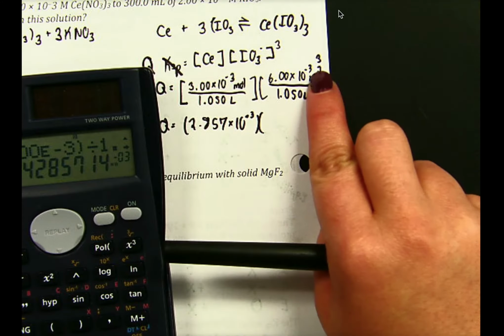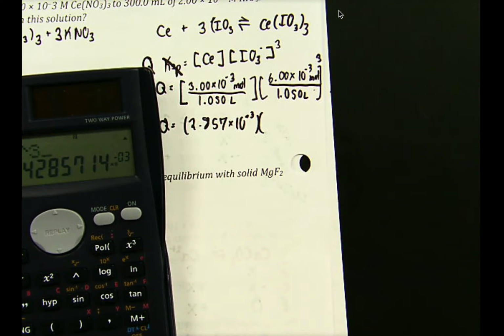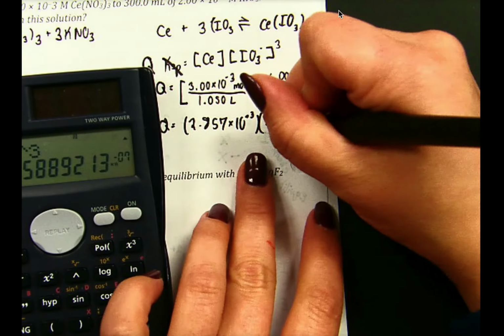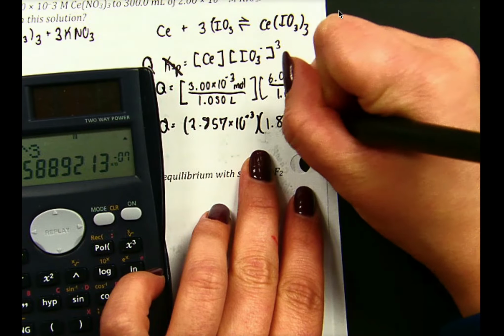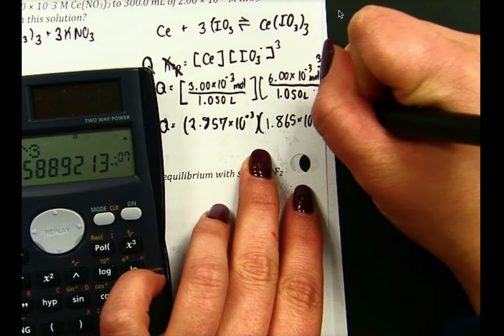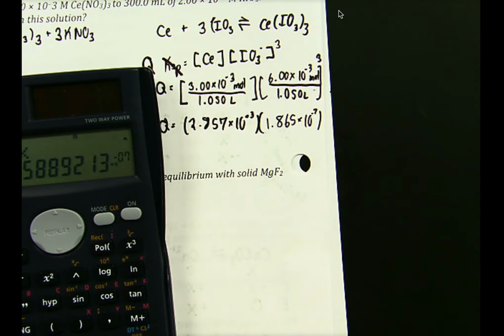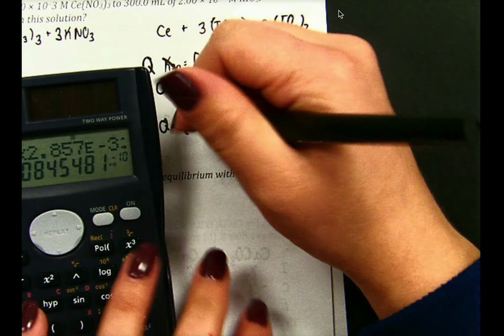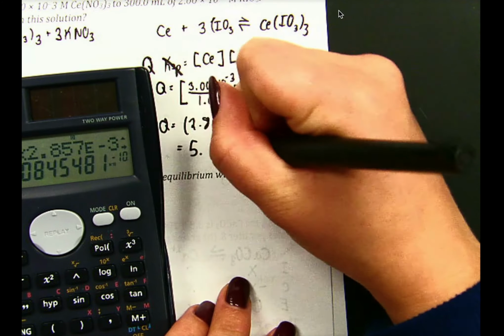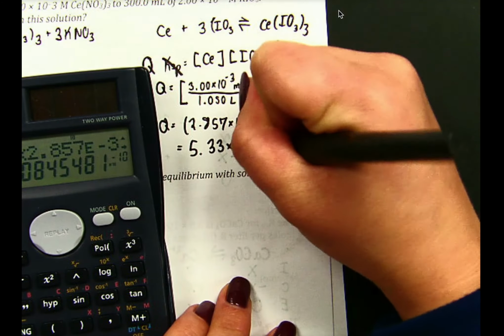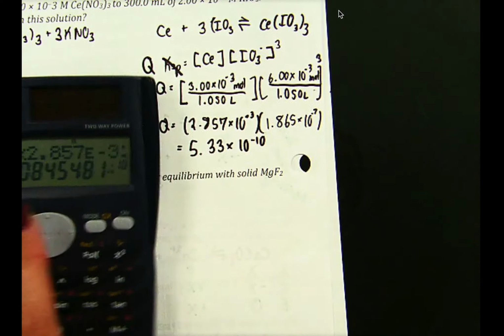Okay, and that's raised to the third power. So to the third power, 1.865 times 10 to the negative 7. Okay, multiply it by this value, 2.857 times 10 to the minus 3. We get a Q of 5.33 times 10 to the negative 10.